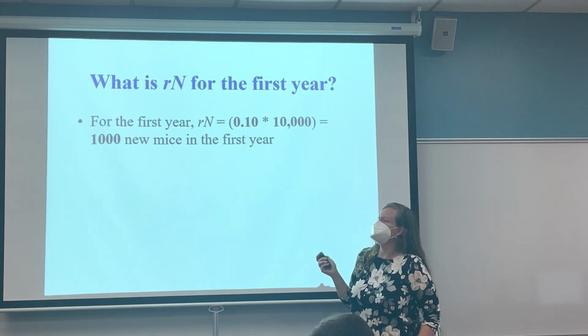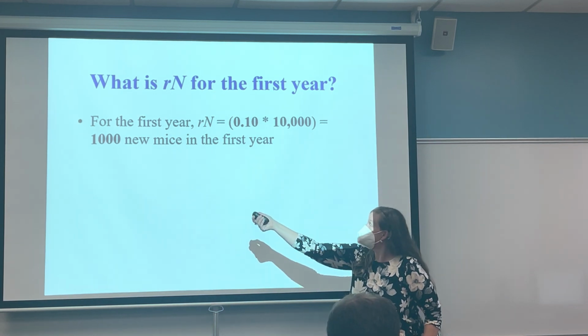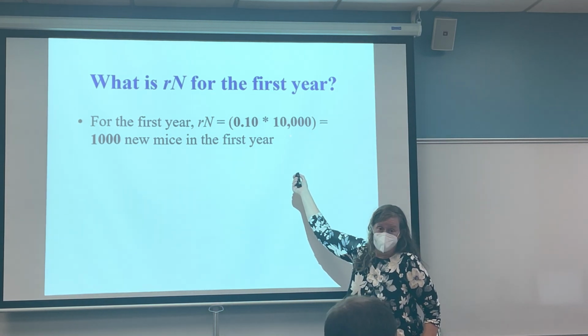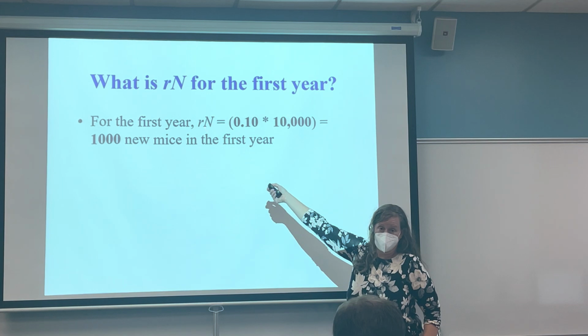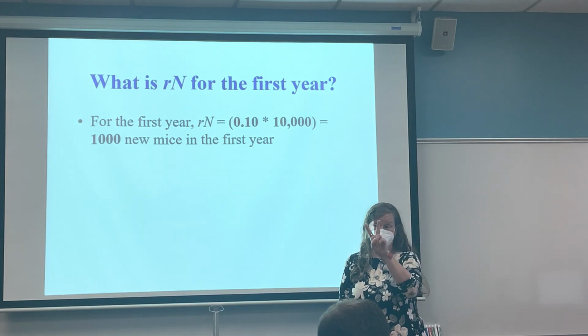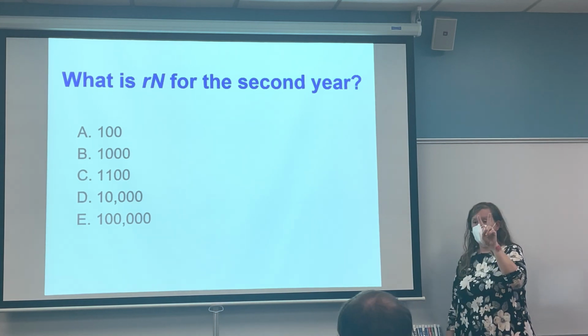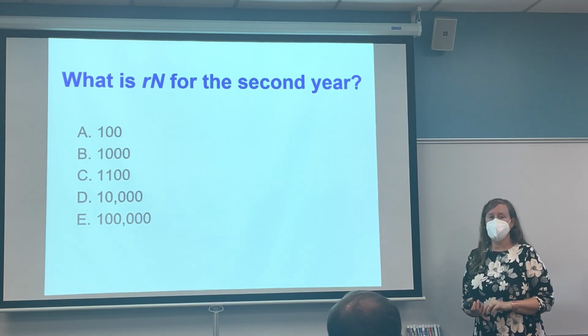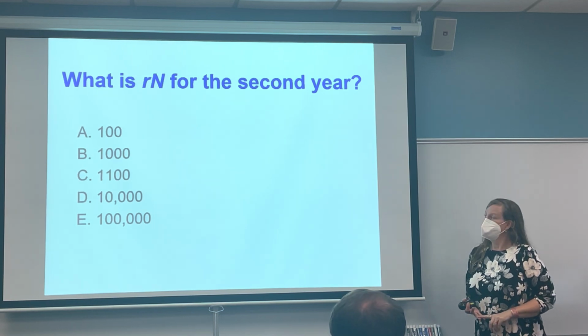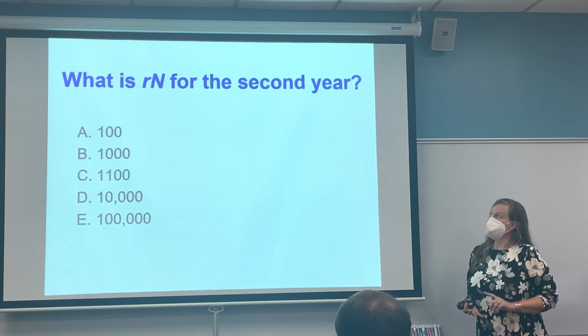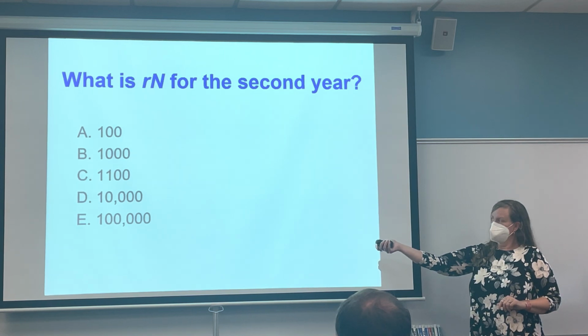So now we can add this to this, use our original r, and come up with rN for the second year. So what is rN for year 2 now? Remember that your N has changed. The r will stay the same. So what's rN for the second year? 1,100.